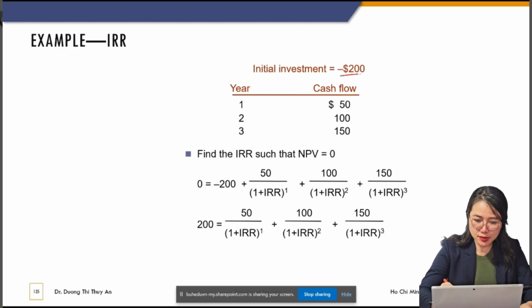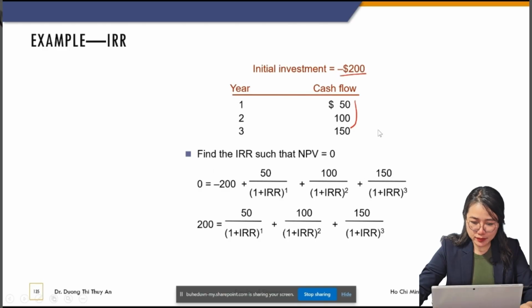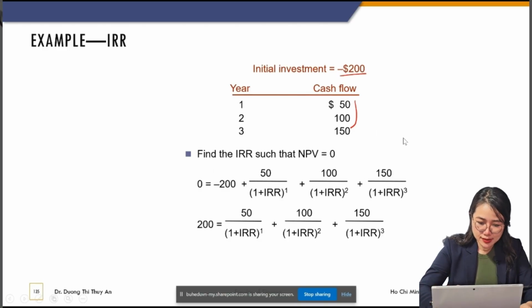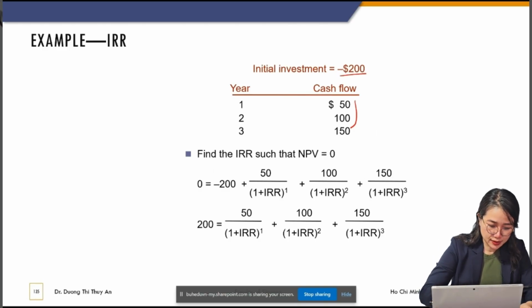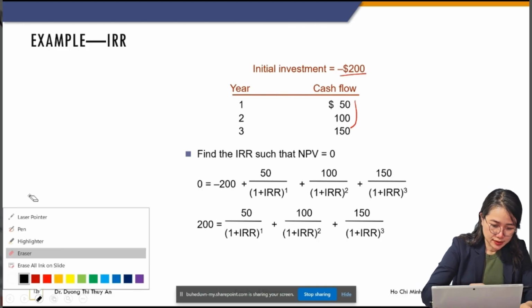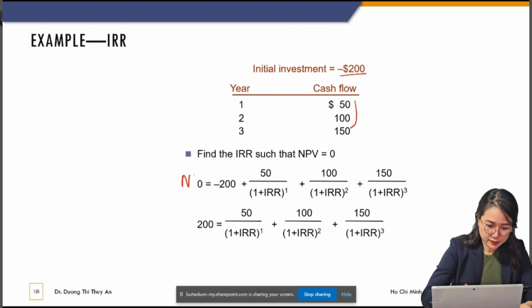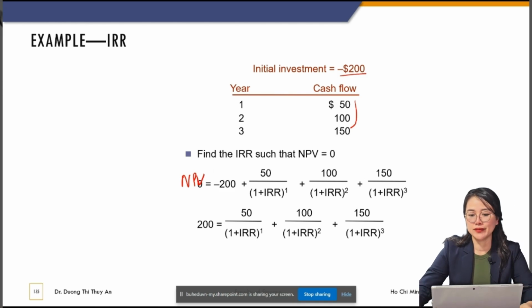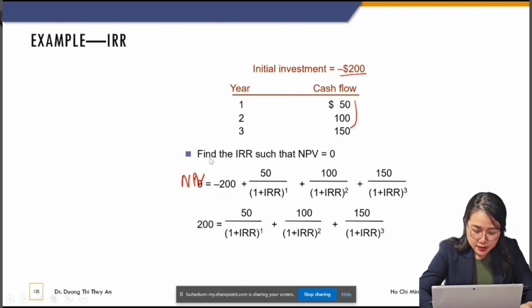We have an initial investment of $200, and this is our cash flow. Okay, can we write down the NPV? So this is the NPV, right? Generally, in this NPV we have R here.